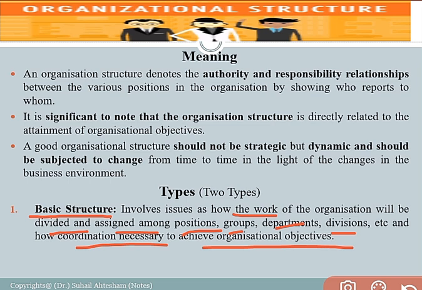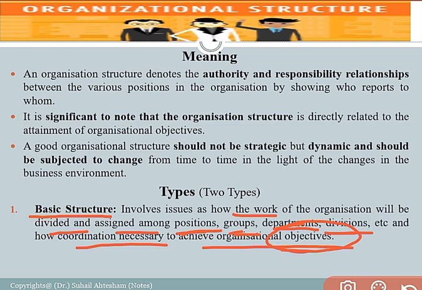Right. So here, according to basic structure in a formal organization, for achievement of organizational goals and objectives, there must be proper division of work. Right. According to the position, groups, department, division and so on.